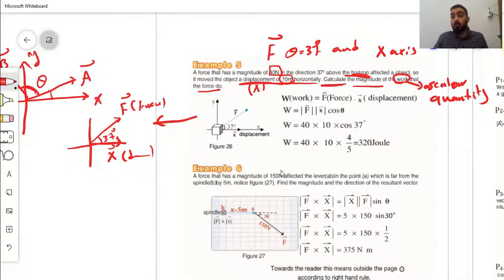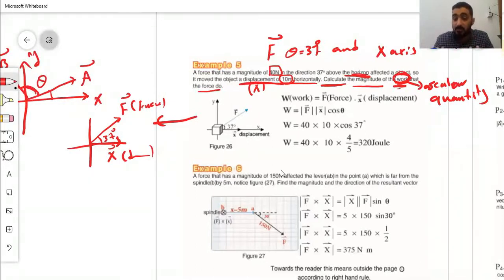Now someone may ask how I know which way to use in multiplication of vectors. The answer to this question is from this word. We need to find work, and we know the work is a scalar quantity. When the resultant of multiplying vectors is a scalar quantity, we must use the scalar or dot product.